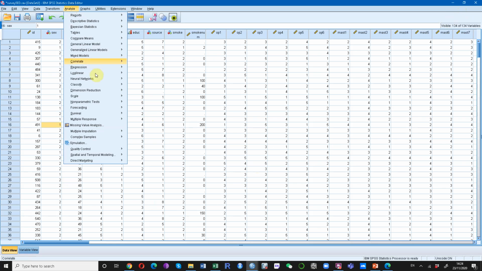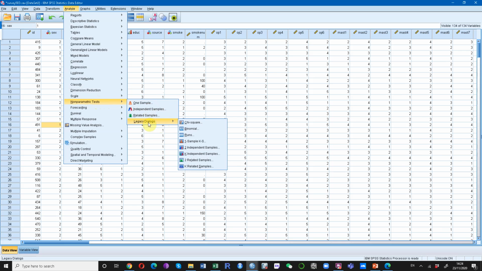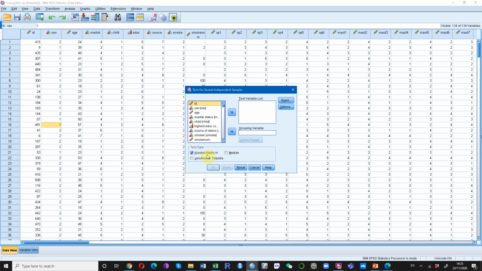We go to analyze, we go to non-parametric tests again, and instead of any of these, we go to legacy dialogs. Instead of 2 independent samples, we're using K independent samples this time. And you can see already Kruskal-Wallis is the default test method. The test variable is the dependent variable.